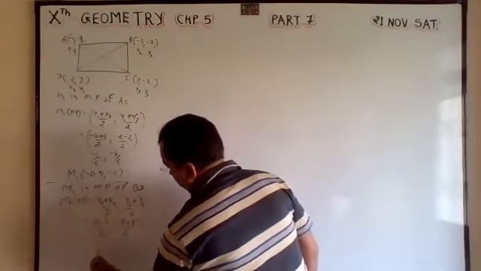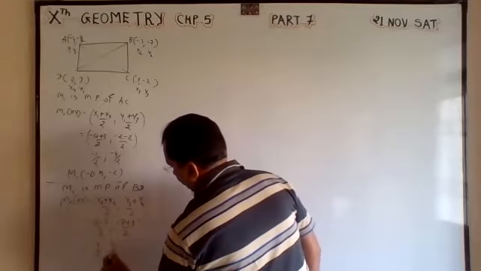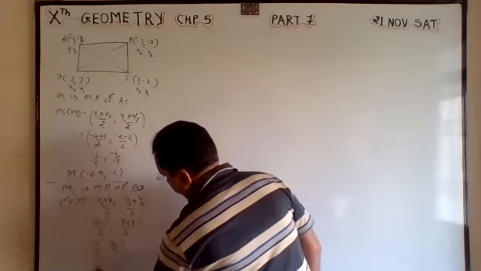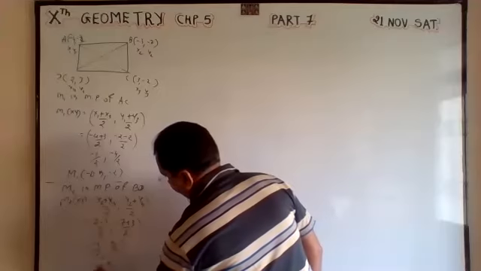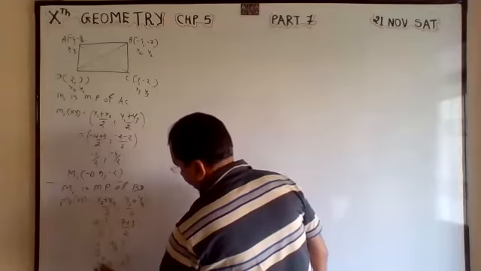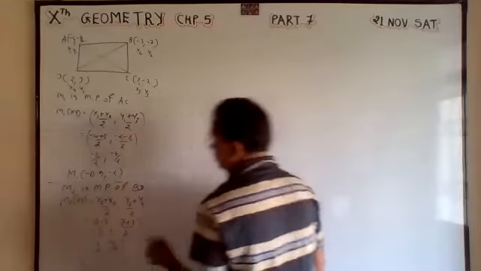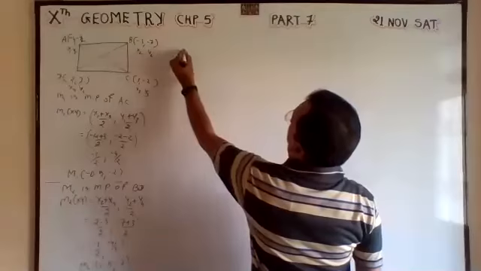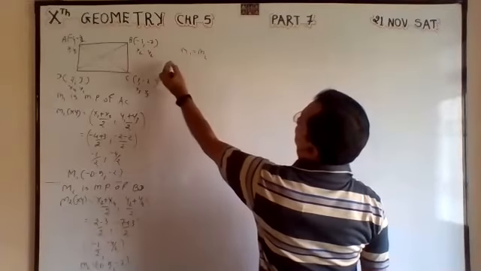So it is minus 1 by 2, which is minus 0.5, and 0. Therefore, M1 is equal to M2.